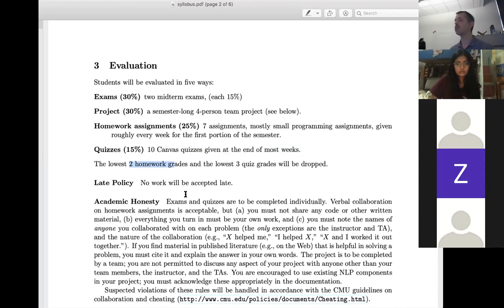But we don't have grace days or late days, unless under exceptional circumstances, like a family member dies or is extremely ill, or you're extremely ill, something like that.